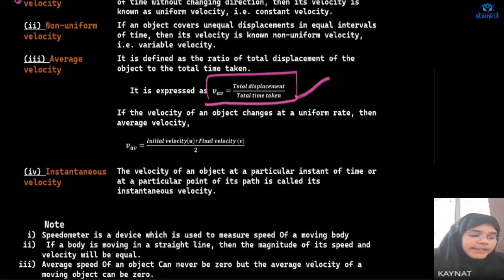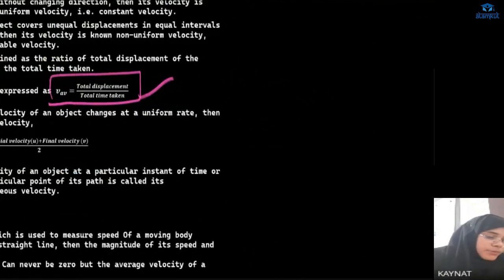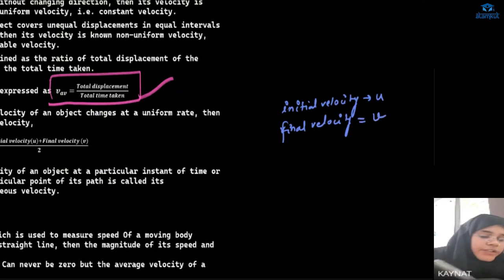If a body is changing its velocity, suppose a body has started with some initial velocity u, but ended the journey with a different final velocity v.